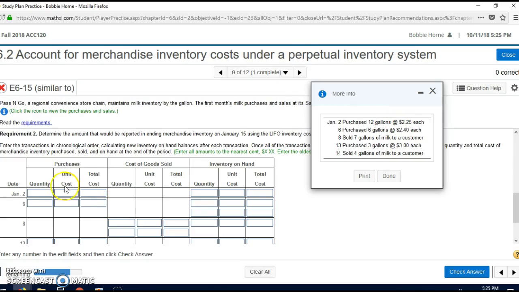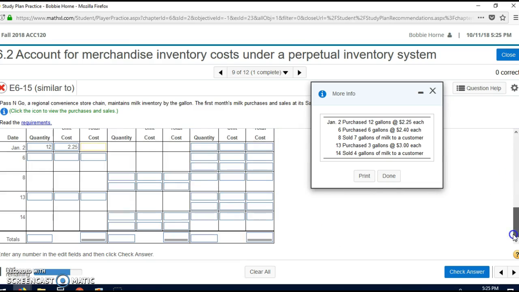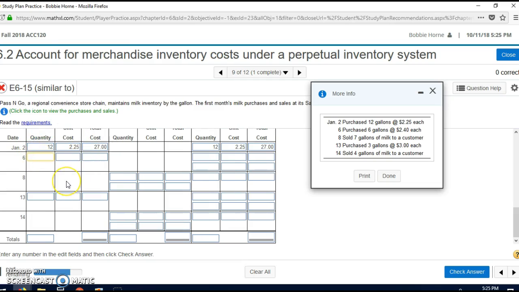Now for LIFO, the purchase part is going to stay the same. So 12 at $2.25, which was $27. And then on the 6th, we purchased 6 gallons at $2.40.